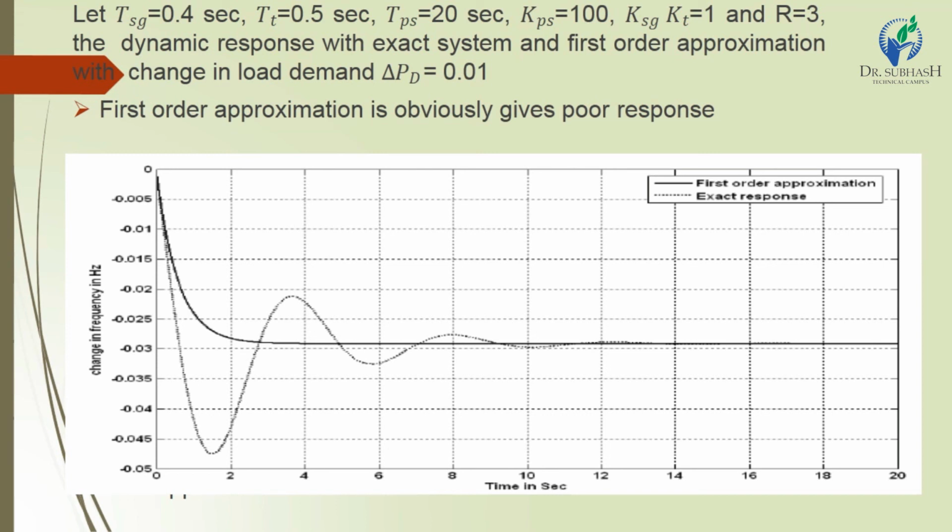The dynamic response with the exact system and first order approximation, with change in load demand delta Pd equal to 0.01. The first order approximation obviously gives a poor response.